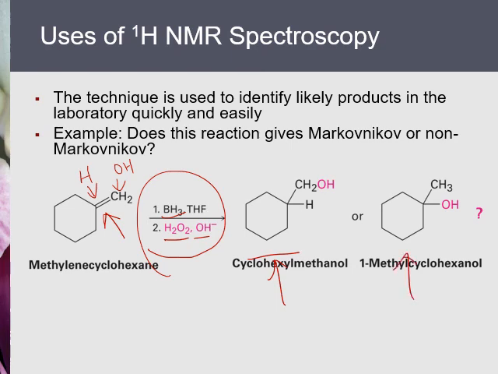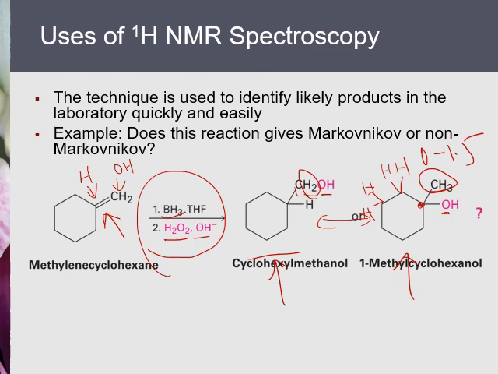To answer this question, we compare these two compounds. We can see that in the second compound, oxygen is connected to a carbon that has no hydrogen. All hydrogens are connected to carbons that have no electronegative atom, and therefore all hydrogens in the second compound should appear between 0 and 1.5. On the other hand, the first compound has oxygen connected to a carbon with two hydrogens.